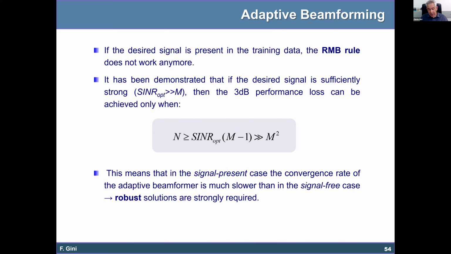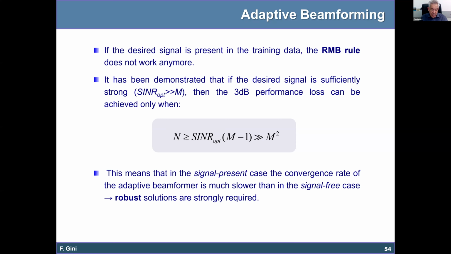And this other rule says that n should be greater than the optimal signal to interference plus noise ratio multiplied by n minus 1. And if the signal to noise ratio is large enough, so SINR greater than m, it means that n should be greater than m squared, which is much larger than 2m.